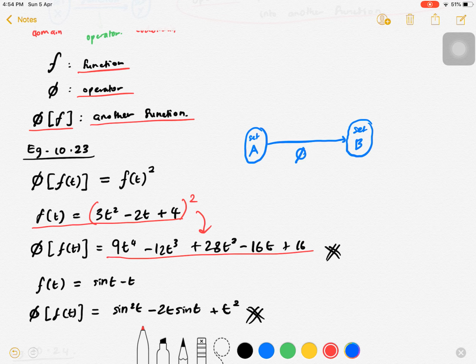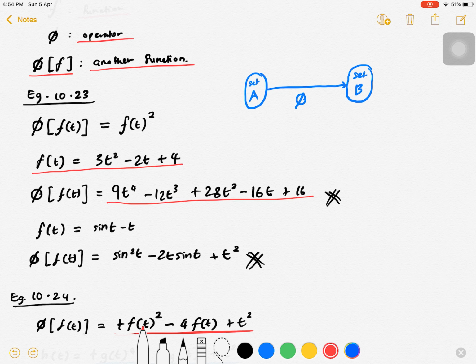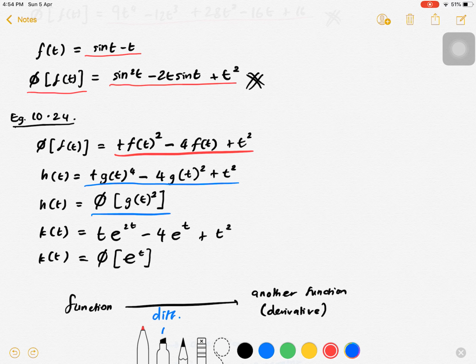You can try that if you want to confirm. And also the same operator again, but with a different function, sin t minus t. When it goes through the operator, we will get a new function right here. Again, we square this one. Okay, hopefully you are clear. So now we can go to the next example.